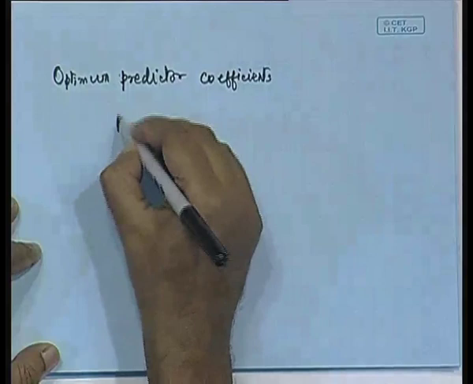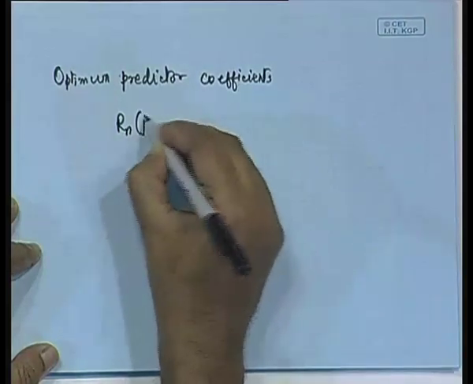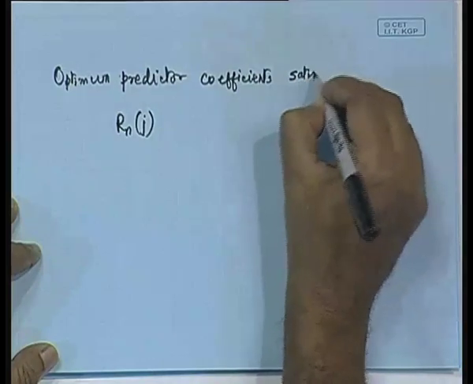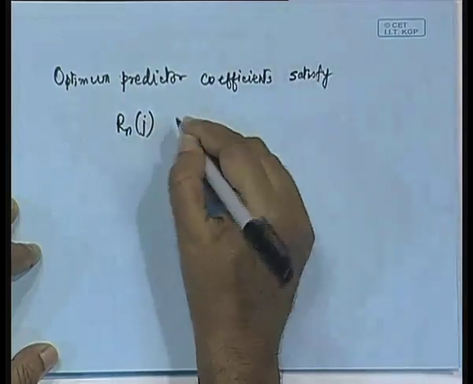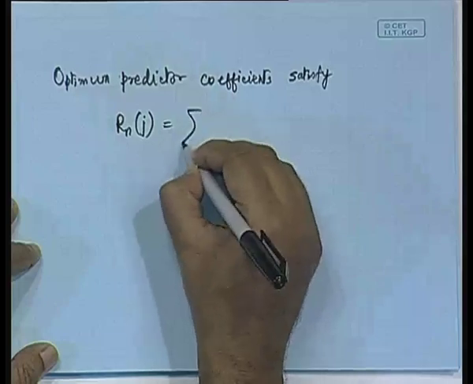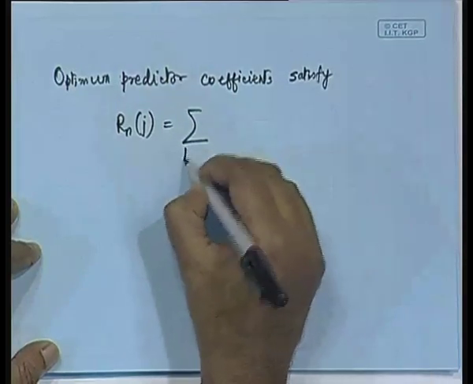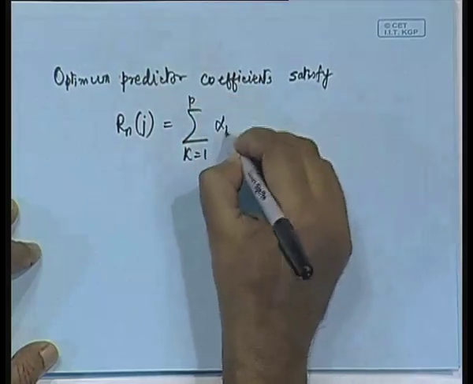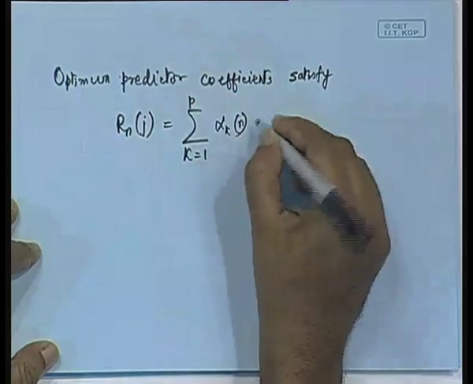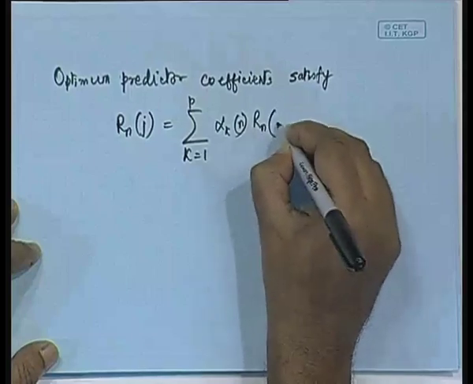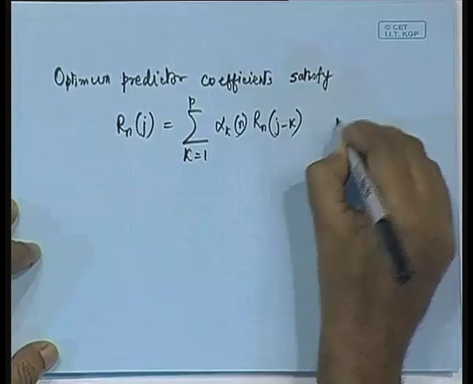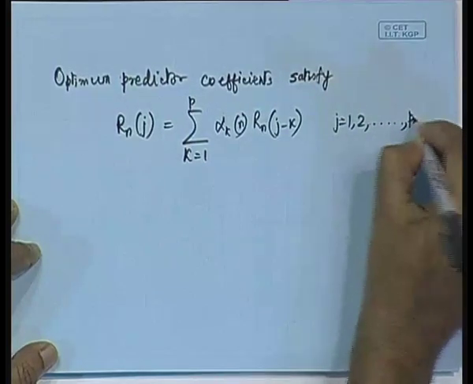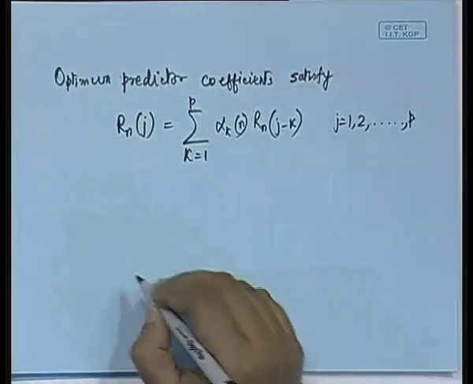The optimum predictor coefficients satisfy this equation: Rn of j is equal to summation k is equal to 1 to p alpha k of n into Rn of j minus k, for j is equal to 1 up to p, right.